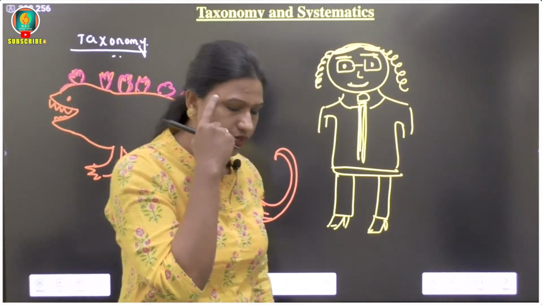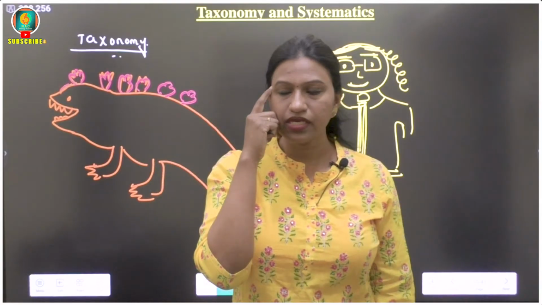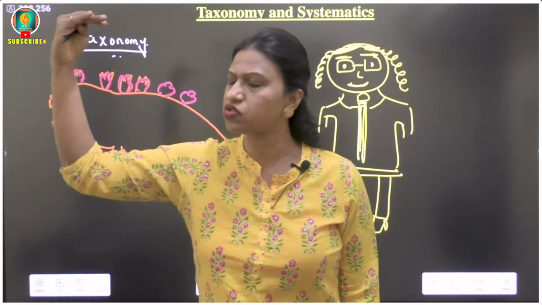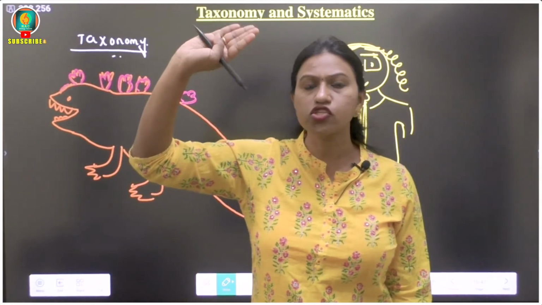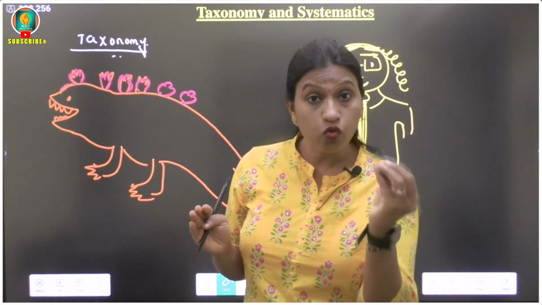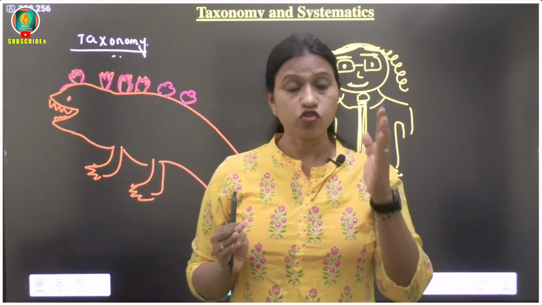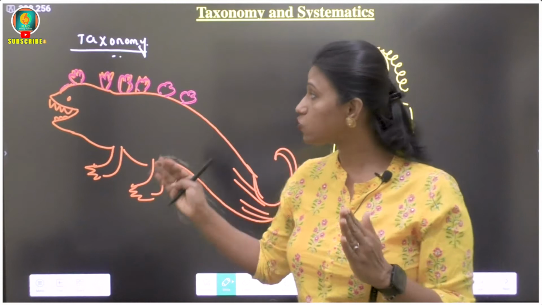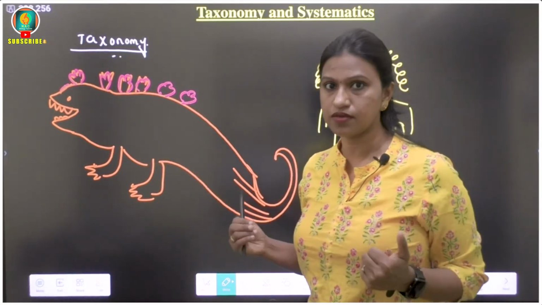Now you start observing, because he won't say in a rough or abrupt way that yes, this is a dinosaur only, you can consider it a dinosaur. No, he should not tell like that. There is a specific way of identifying the organism. By following those specific instructions, he has to identify what this organism is.